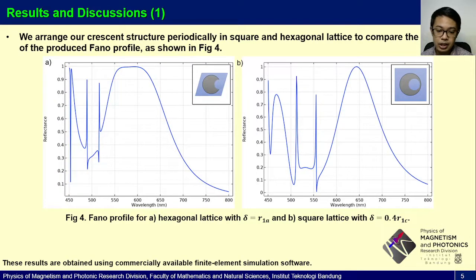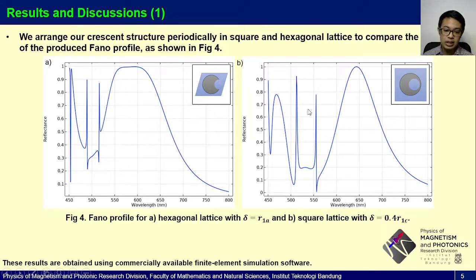We arrange our crescent structure periodically in a square and hexagonal lattice and compare the sharpness of the produced Fano profile as shown in this figure. Left-hand figure is for hexagonal lattice and the right-hand figure is for square lattice. We run the simulation for unique delta as mentioned in the caption and the wavelength between 450 until 800 nanometers.